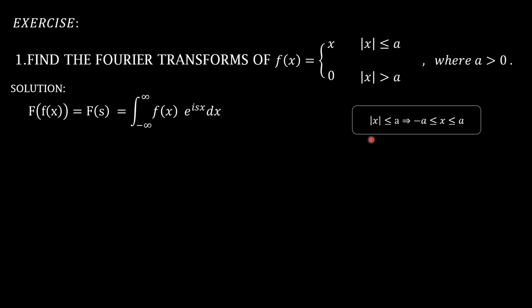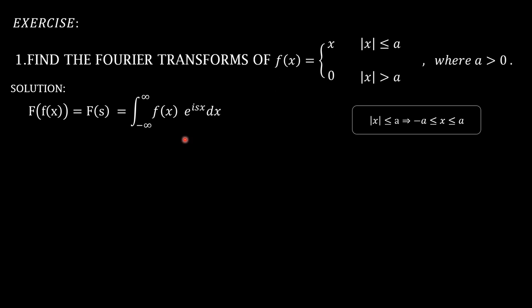Just make a note of it students, mod x less than or equal to a implies your x lies between minus a to a. However, the given function f of x is defined in the whole real line, but for all those mod x greater than a, the function value is 0, right?